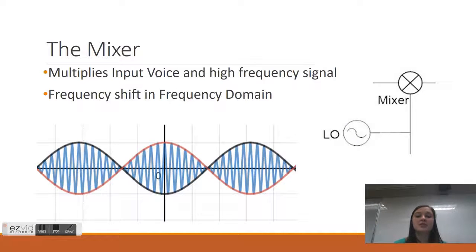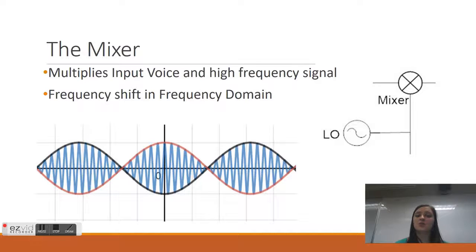The next piece I will talk about is the mixer. After the preamplification, we want to multiply the input signal, or the amplified signal, with a high frequency wave. This is because we want the antenna to have a higher frequency wave coming to it, so it can be smaller.